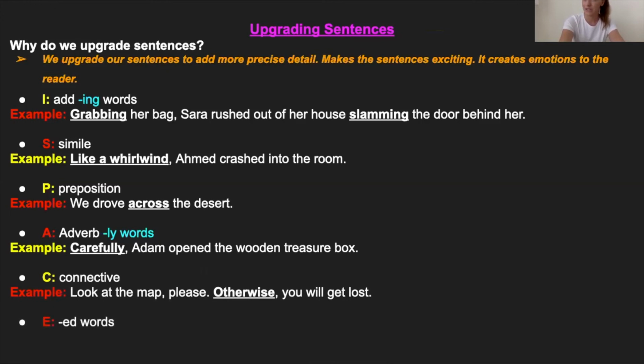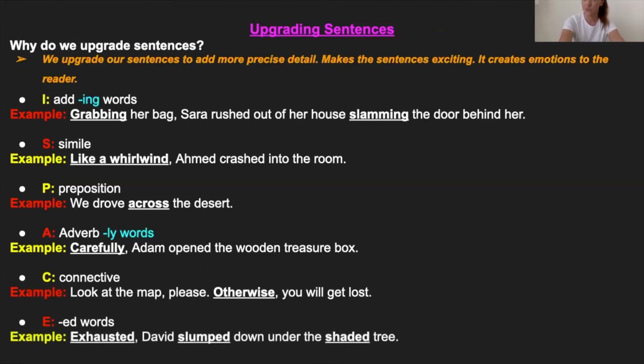Adding ed words. An example: exhausted, David slumped under the shaded tree. This tells us how David felt. He's exhausted. He slumped. This is creating an image of how he went under the tree.